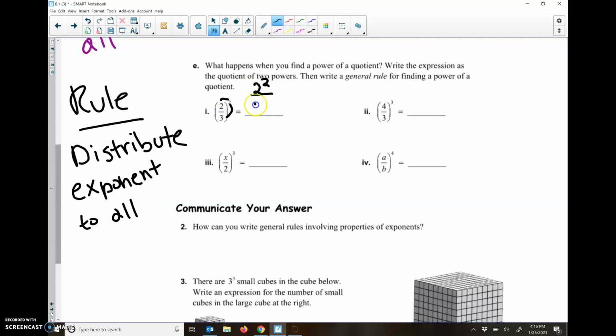So 2 squared over 3 squared. 4 thirds cubed. That means 4 goes to the 3rd power. 3 goes to the 3rd power. X over 2, cubed. That means x goes to the 3rd power. And 2 goes to the 3rd power. And then we got AB raised to the 4th power. That means A goes to the 4th power and B goes to the 4th power.